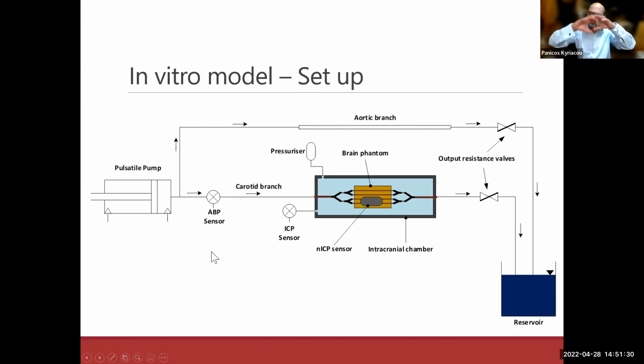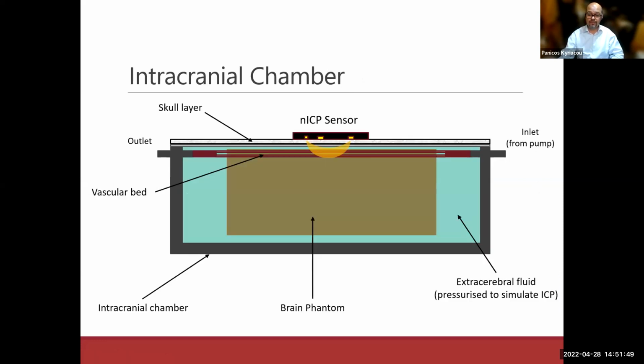We have a pulsatile pump, creating the circulation of blood with the expected arteries going into the brain. We developed a brain phantom technology, and this is a vascular brain phantom technology. On top of the brain phantom, we placed our NICP optical sensor, and we're monitoring PPGs while we were inducing changes in intracranial pressure within this compartment, which is representing the scalp.